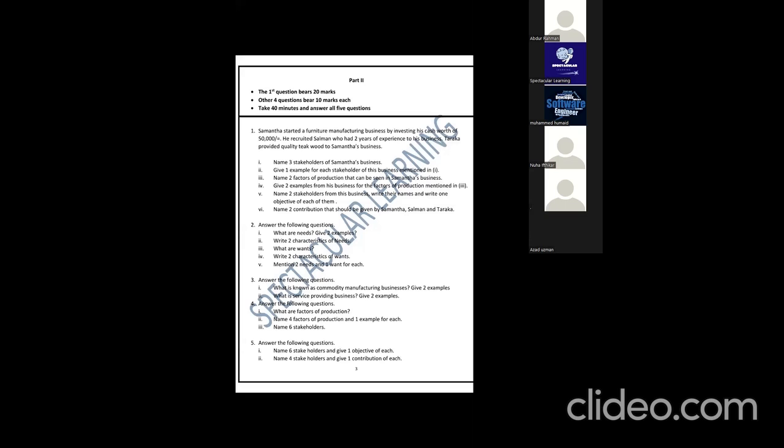Yeah, someone sent the example. Wholesale, retail, trade. Yeah, okay. Wholesale businesses and retail businesses are examples for service providing business. Now I'm asking y'all, what are factors of production?